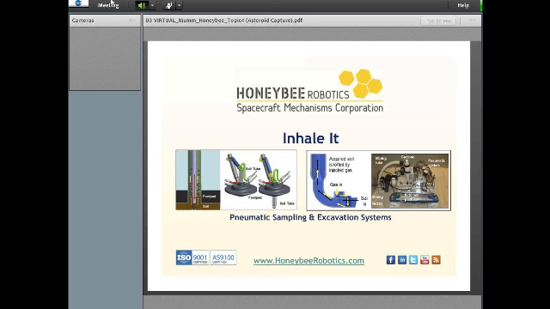And then we've also developed some pretty novel pneumatic sampling systems. So this could be used for very low impact systems where you essentially use pressurized gas in a way similar to what Brian was alluding to earlier in this morning's discussion. And it actually takes very, very little gas to acquire a good amount of loose sample.